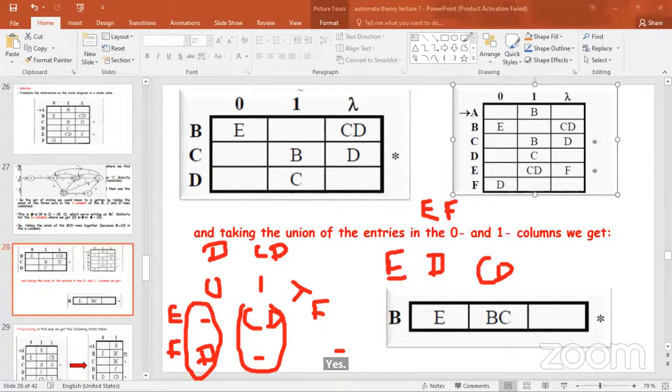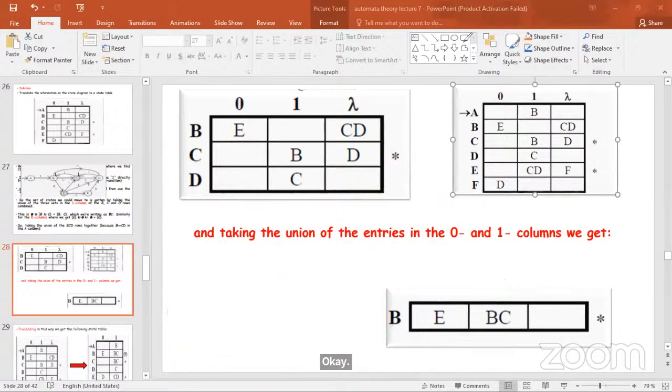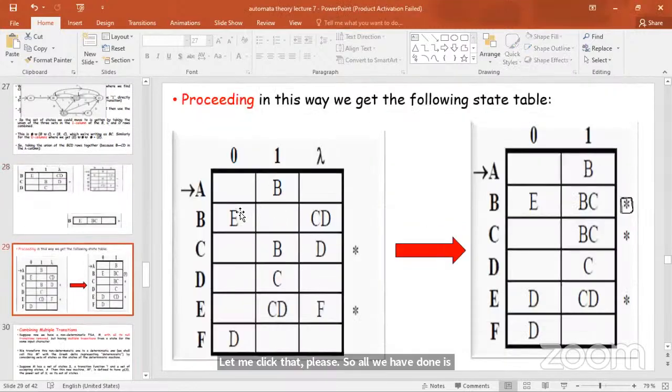Okay, let's look at the whole diagram. Sorry, let me clear this. So all we have done is this. Here we have the original diagram, and this is what it has been converted to. By finding the union of BCD, we arrive at BC. By finding the union of C and D, we arrive at BC.